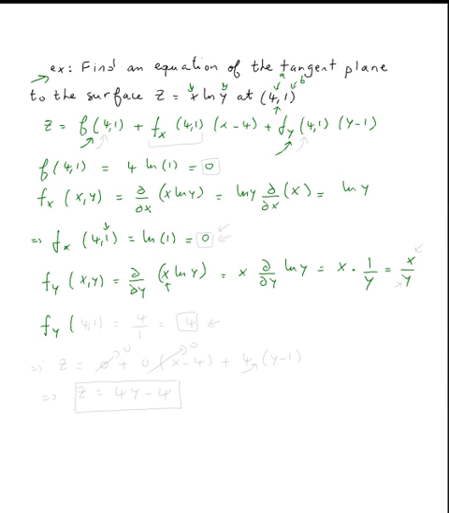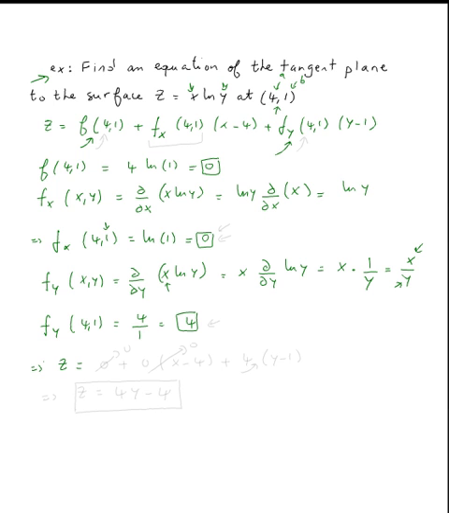Now partial with respect to y at the point 4, 1, plug in 4 for x, plug in 1 for y, it's going to be equal 4. So far we got 0, we got 0, and then we got 4 here. What's next? That's it. Now all we need to do is plug in.